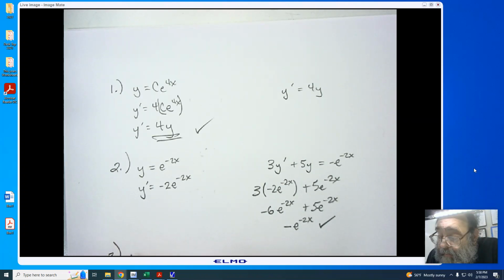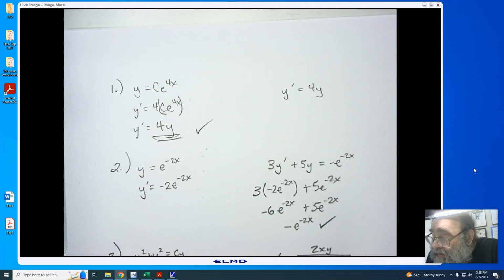Number 3 is giving me x squared plus y squared equaling cy, and I want to show that y prime is equal to 2xy over x squared minus y squared. Taking my derivative, 2x plus 2yy prime is equal to cy prime.